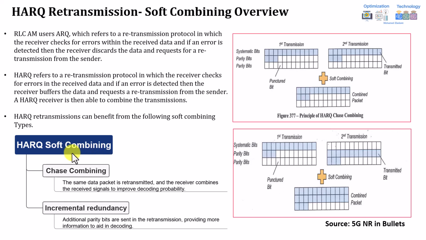The main idea is that the HARQ receiver will keep the data, and whenever it receives a new retransmission, it will do this soft combining in two mechanisms: chase combining and incremental redundancy. We'll go through both of them to show what benefit the receiver can get using these types of soft combining to decode the data successfully. So let's move to the next slide to cover those two types in detail.